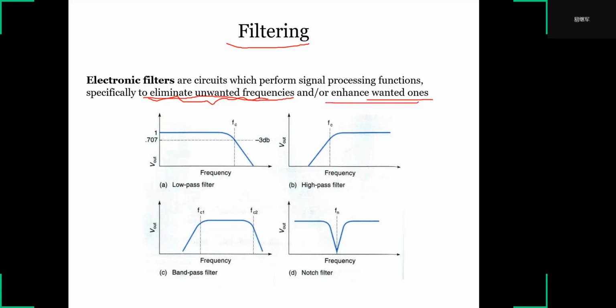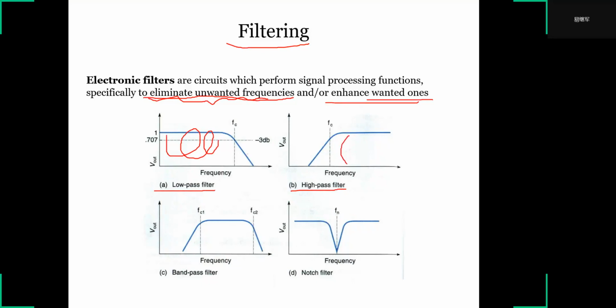This is, for example, a low pass filter: signals from here can pass.